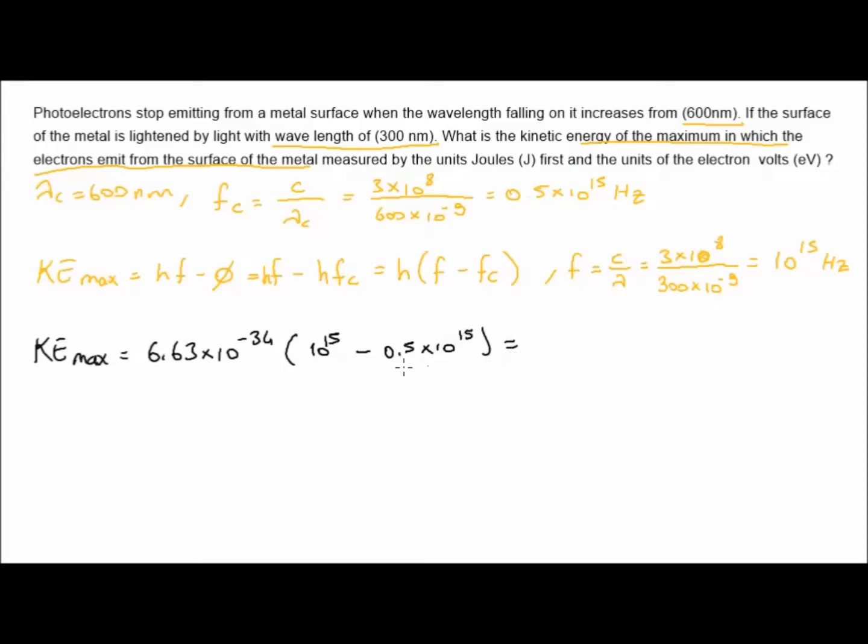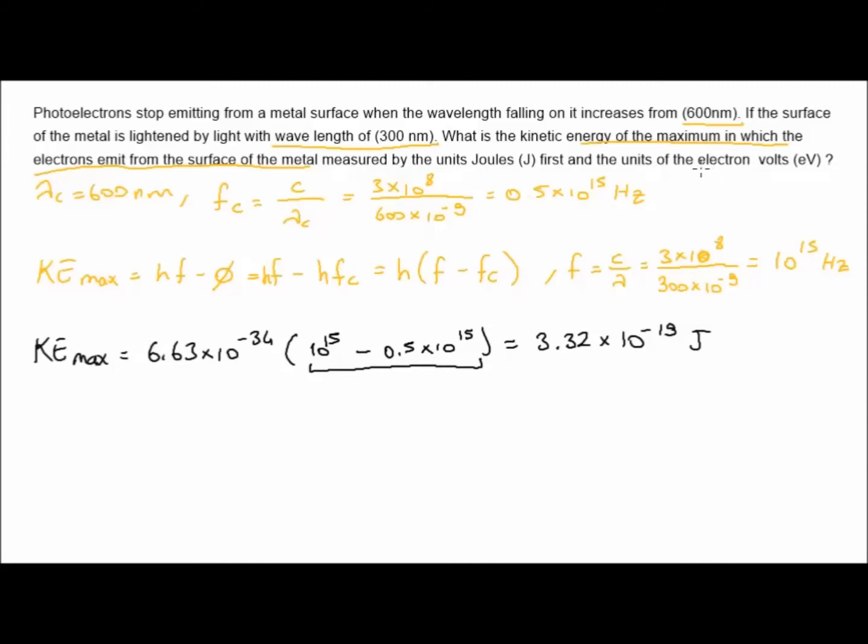The result of this part is going to be 0.5 times 10 to 15. So 6.63 times 0.5 is going to be 3.32 times 10 to 15 times 10 to minus 34. It's going to be 10 to negative 19. The unit is going to be joule.